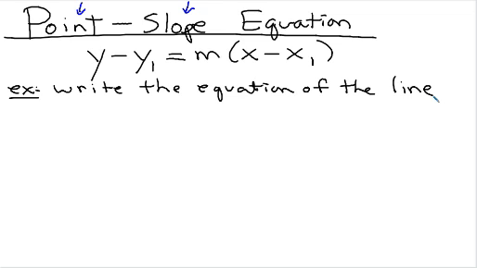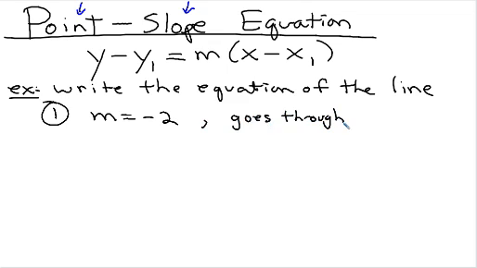On this first problem, they're going to tell you that the slope of this line is -2, and the line passes through the point -3, 7. So look what I've been given, everybody. I've been given a point, and I've been given a slope.